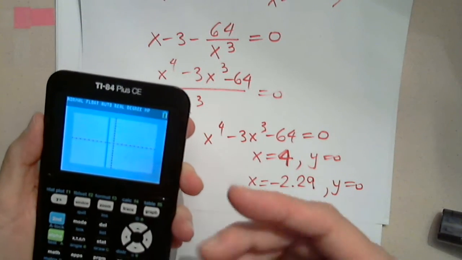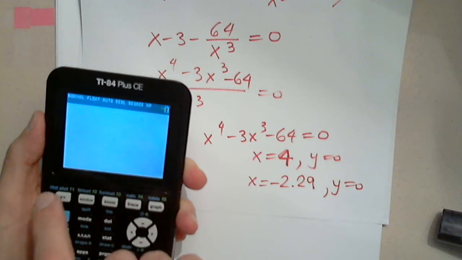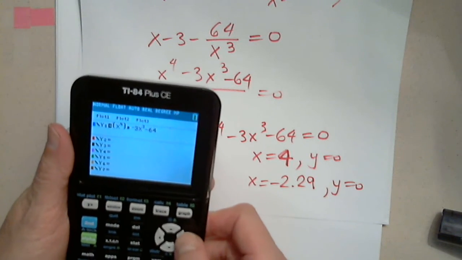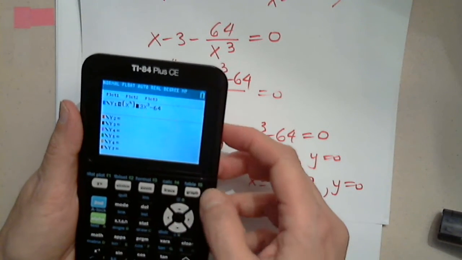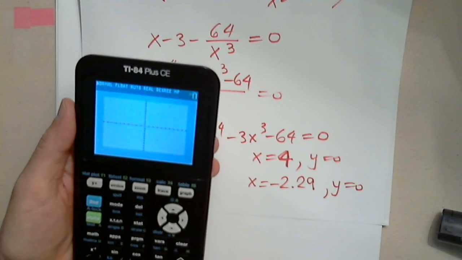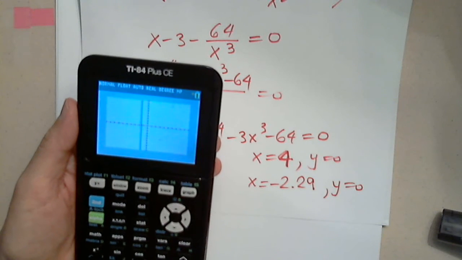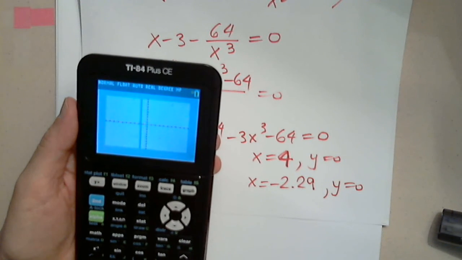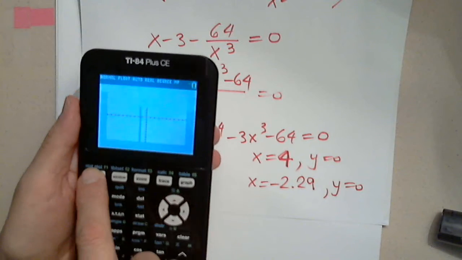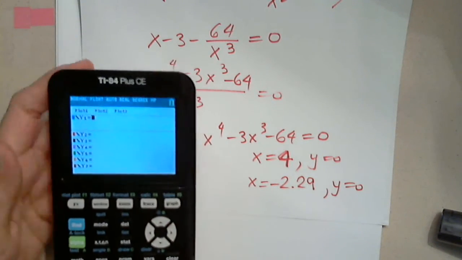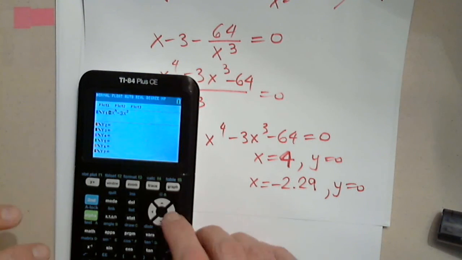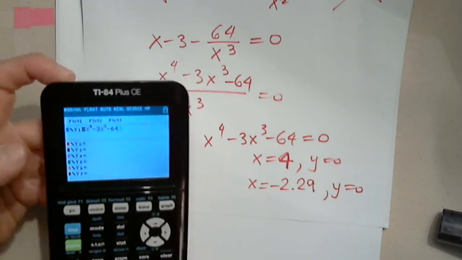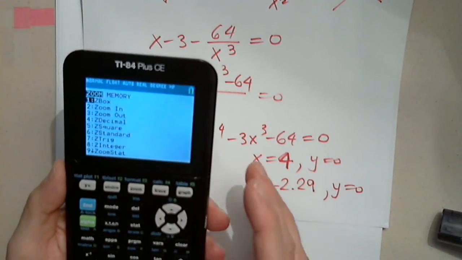And I don't know why it's not coming back to 4. Let me see what I plugged in. How did that happen? Okay, let's try again. It doesn't like something. I hope you got the correct graph. I'm going to clear and start from scratch. So x to the 4th minus 3x cubed minus 64. Okay, again, zoom 6.